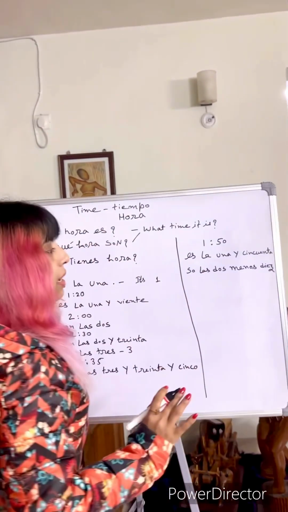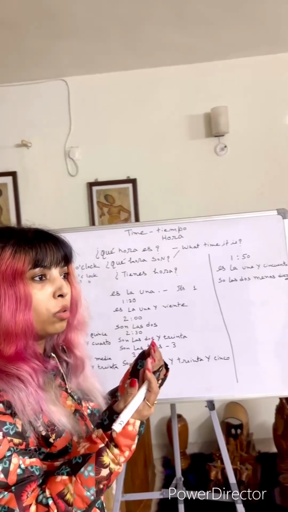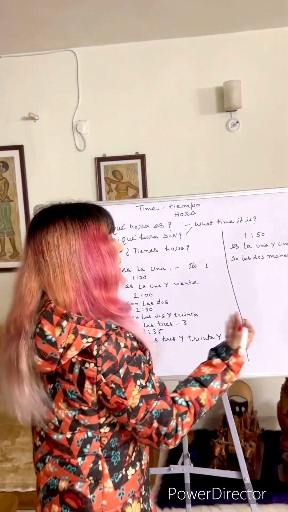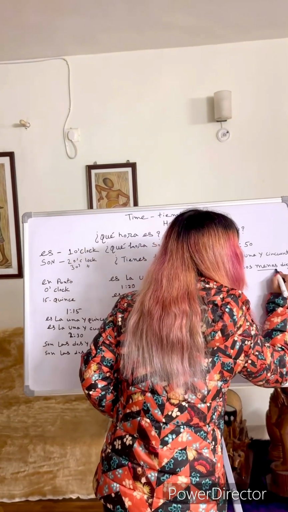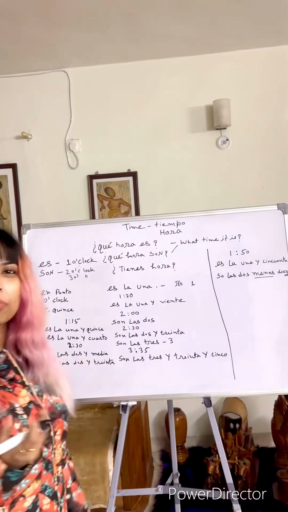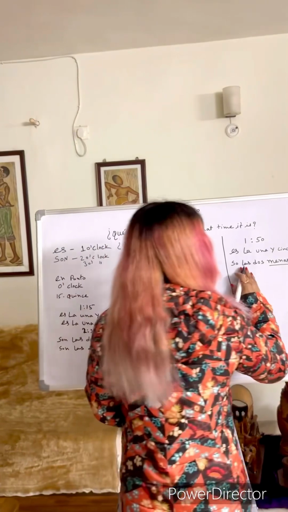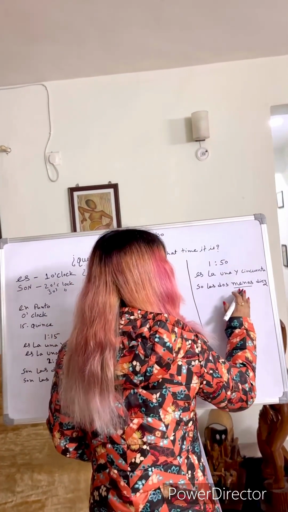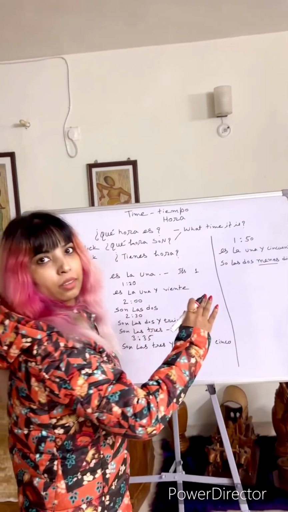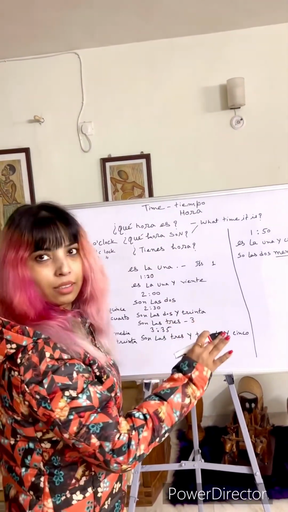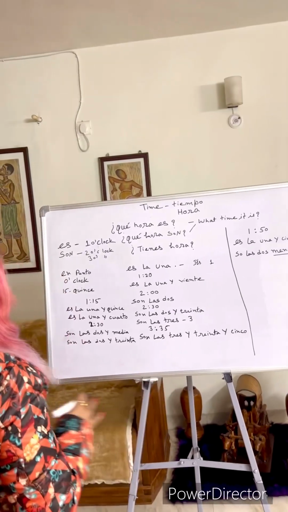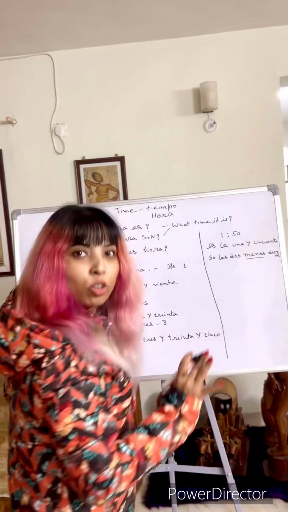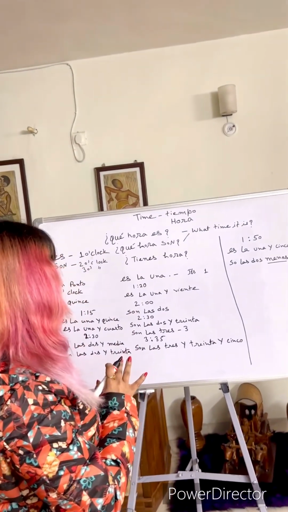This is how you say it's 10 to 2, or any number: you have to use this word menos. Menos means minus. So son las dos menos diez. It's 10 to 2. I hope it's clear. And this is how you tell hora y minutos in the Spanish language.